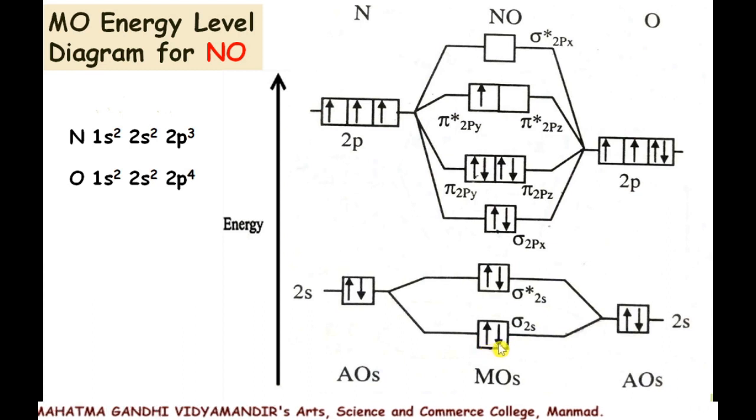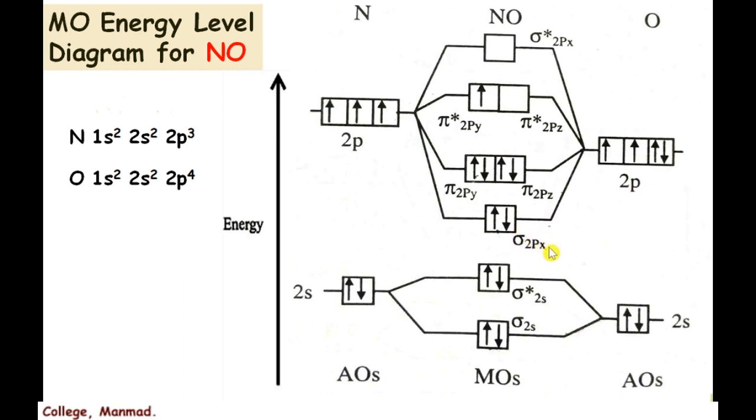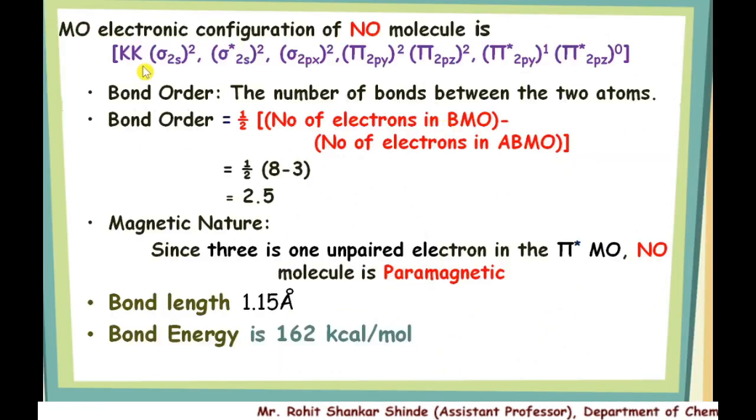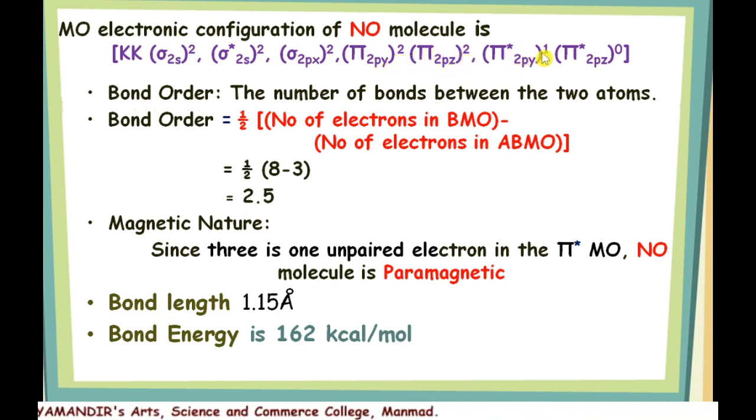First 2 electrons go to sigma 2s, next 2 electrons in sigma star 2s, next 2 electrons in sigma 2px, next 2 electrons in pi 2py, next 2 in pi 2pz, and the last electron goes to pi star 2py. That's why we have written molecular orbital electronic configuration of NO molecule as KK sigma 2s2, sigma star 2s2, sigma 2px2, pi 2py2, pi 2pz2, and pi star 2py1.